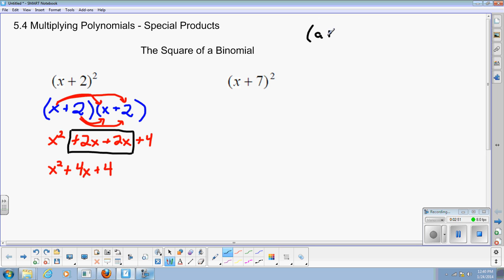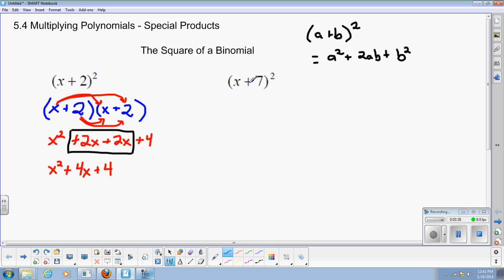It says if you have a plus b, and it's squared, you will always get an answer that is the first term squared plus 2 of a times b plus the last term b squared. So looking back and studying this here, I have first term squared. There were 2 of those 2 x's. That gave me 4x. And then I have the last term 2 squared in my answer.